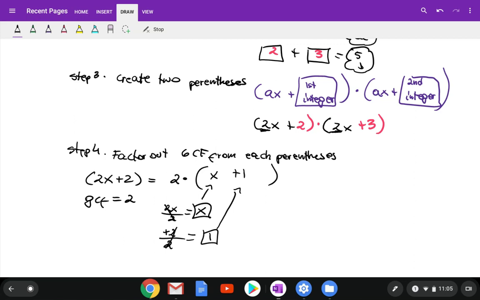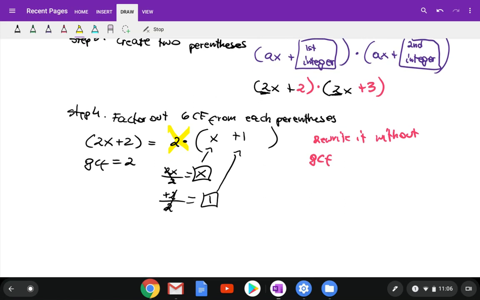And when you have that GCF, this parenthesis you will rewrite without the GCF. So technically what you're going to do with that, ignore it. Next, the second parenthesis, we have 2x plus 3.